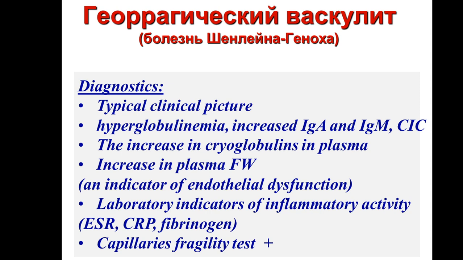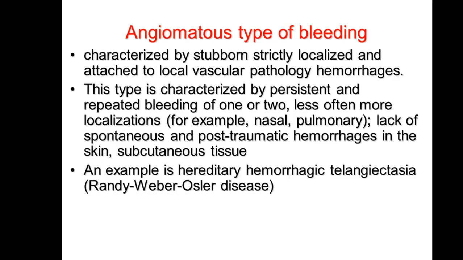For Schönlein-Henoch diagnosis there is typical clinical picture: hyperbilirubinemia, increased immunoglobulin A and immunoglobulins M, also circulating immune complexes, increase in cryoglobulins in plasma, increase in plasma von Willebrand factor as an indicator of endothelial dysfunction, laboratory indication of inflammatory activity like increased ESR, C-reactive protein or fibrinogen, and capillary fragility test is positive.